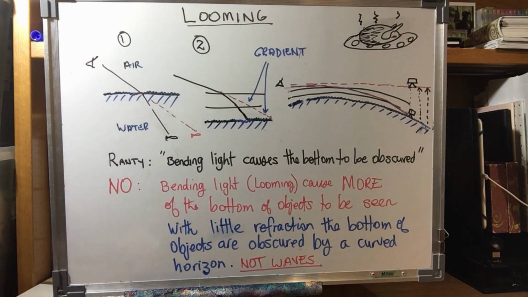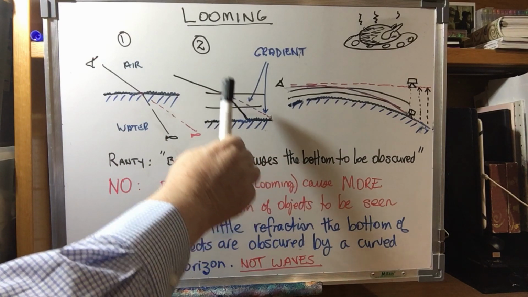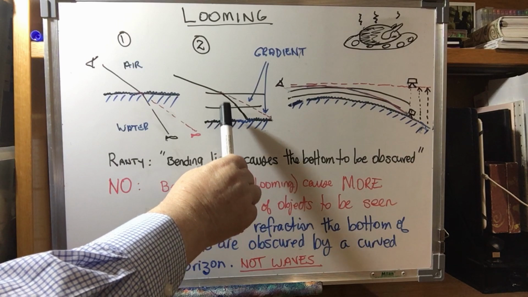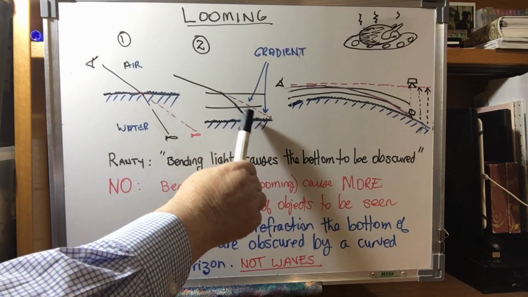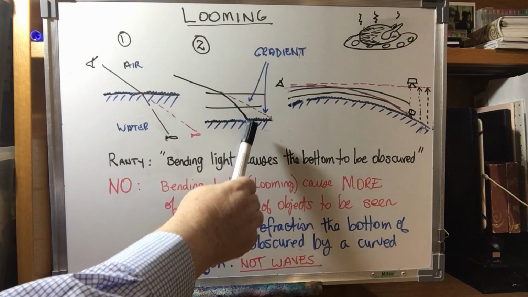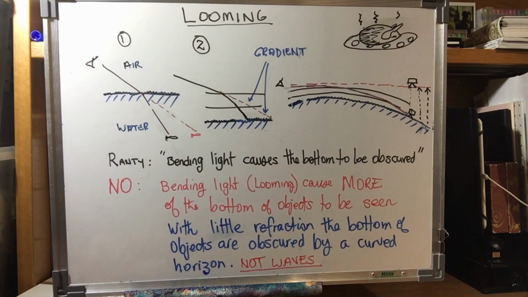Now, quickly, in a situation where there's a gradient, for instance, the atmosphere is graded by density, a ray of light will come in, it'll bend, and then bend again. So in other words, it'll have this quite a marked bend, and as you can see, that's the gradient up here, and again it will bend. And this bending is related to the refractive index of the particular medium that it's going through.